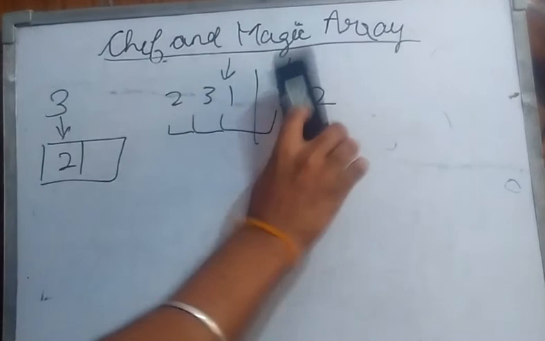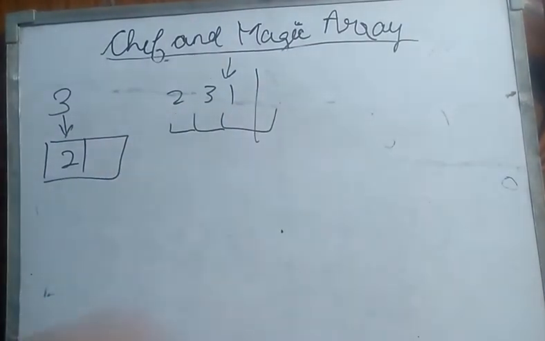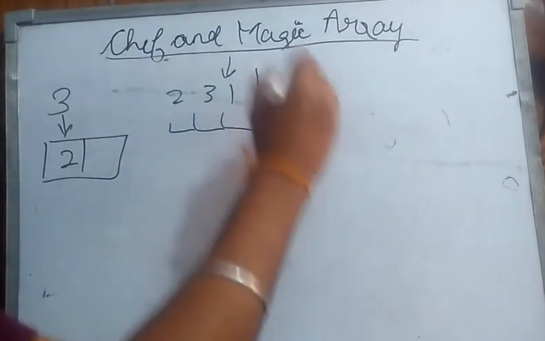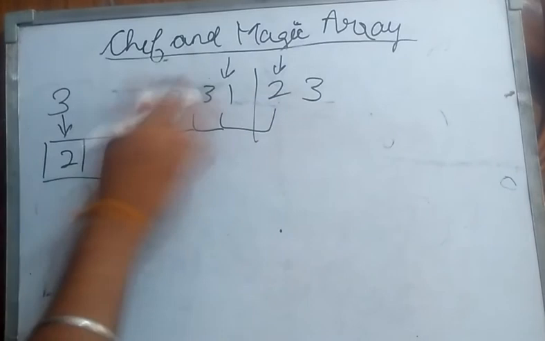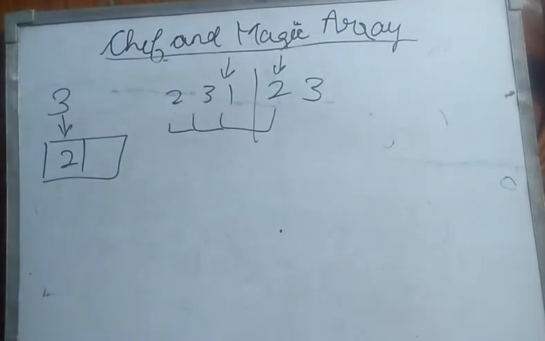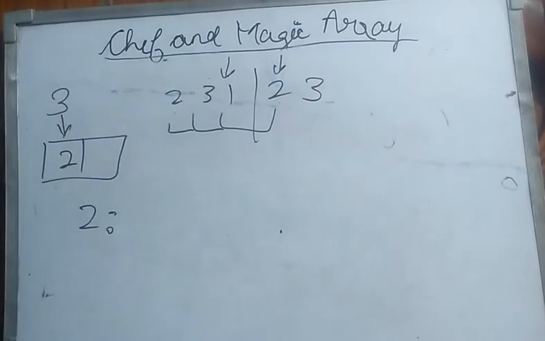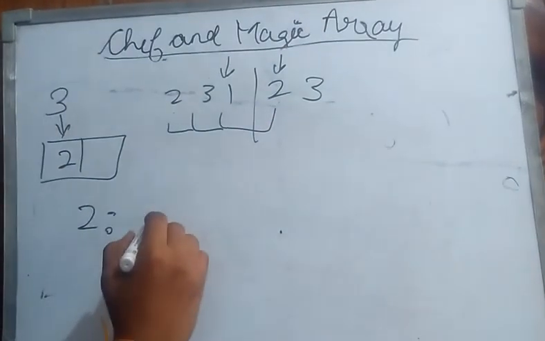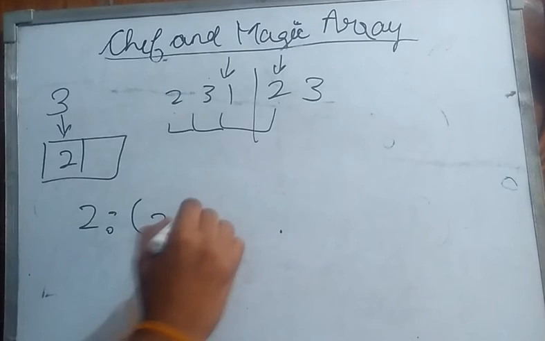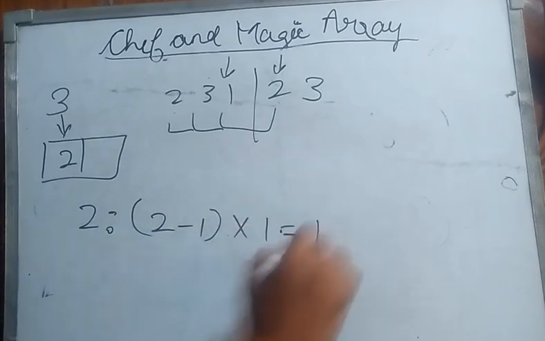If 2 was on the left on this dish, again I will try all the possible combinations from these values and get the maximum value. If 2 was on the left in this dish and 1 was on the right, what will be the maximum value I would have got? 2 minus 1 into 1, that is 1.